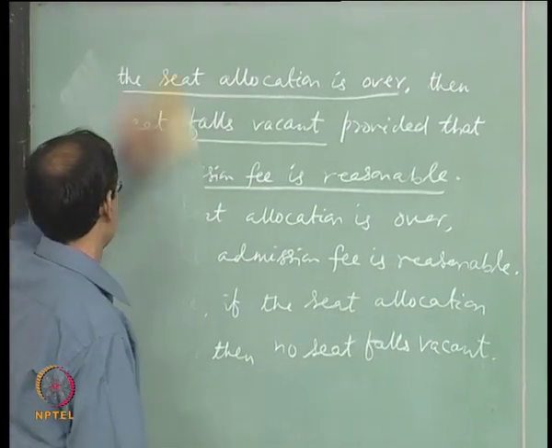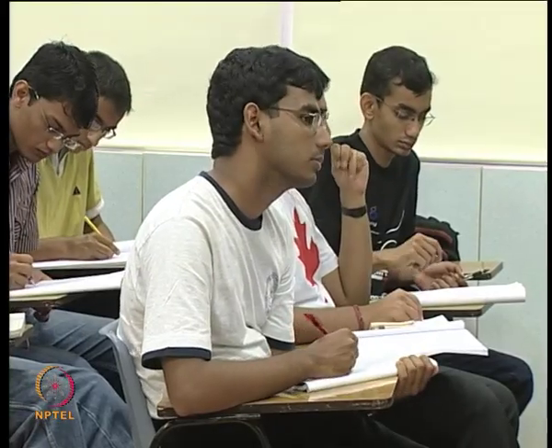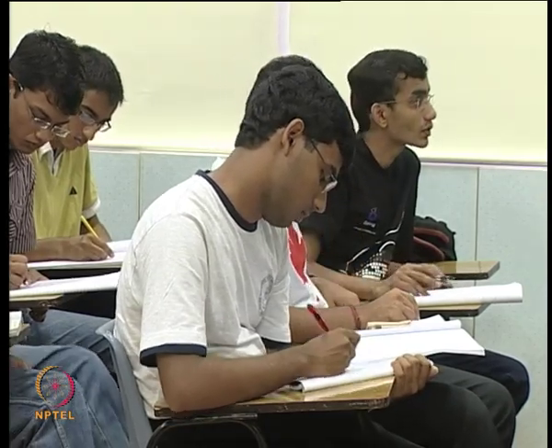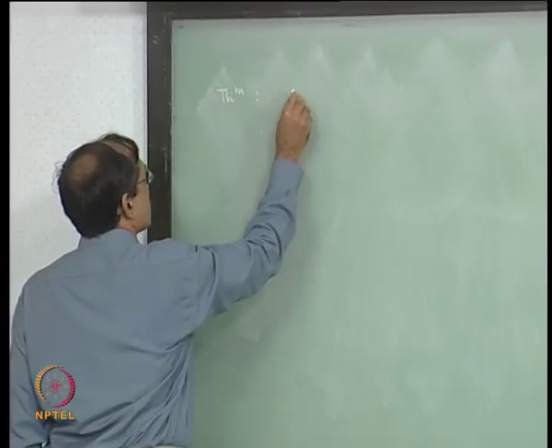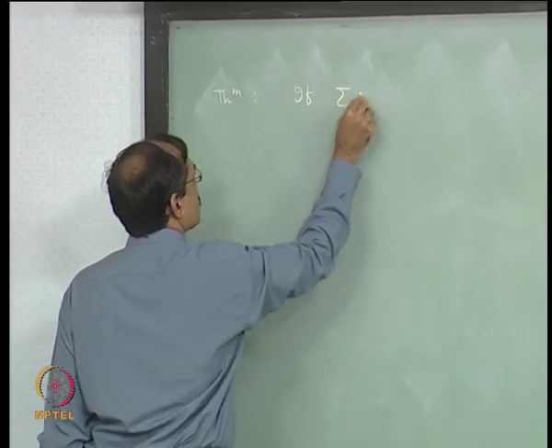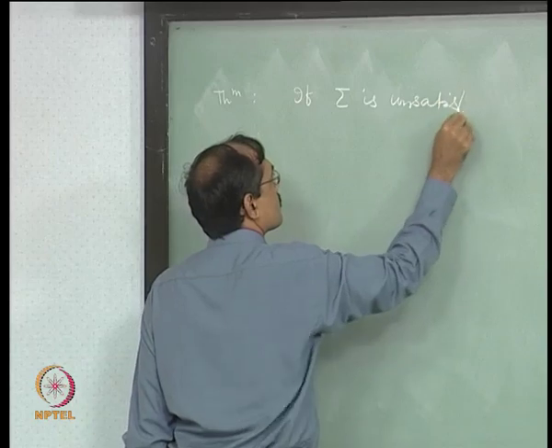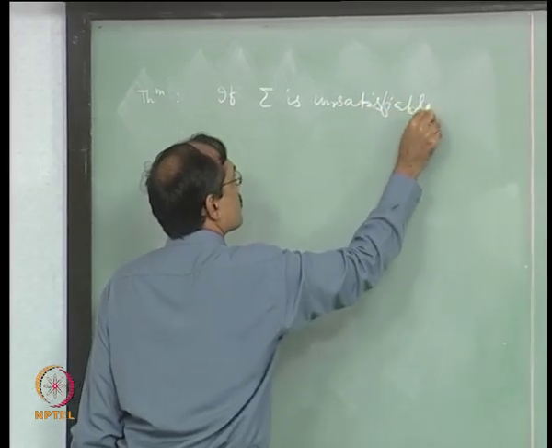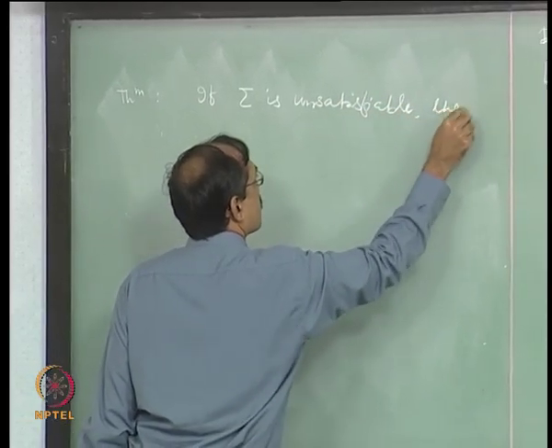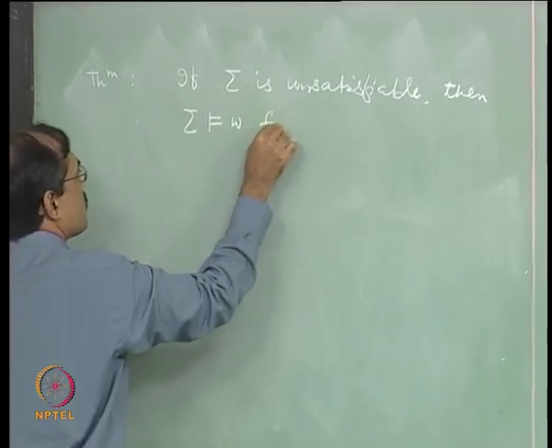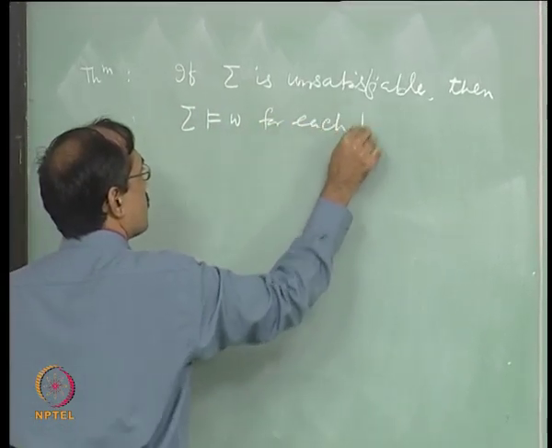So let us write it down. It says, if sigma is unsatisfiable, then sigma entails W for each proposition W.